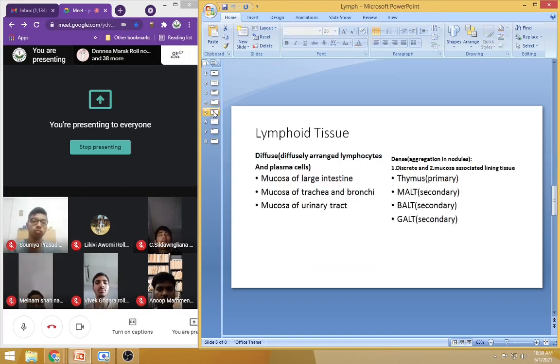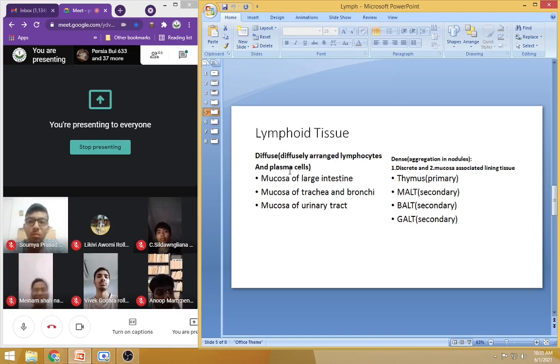In some autoimmune diseases, or when there is an overwhelming infection, the lymph glands or the thymus are destroyed or surgically removed, especially when children have tonsillitis and difficulty in breathing. If you have had a tonsillectomy, how many of you have? I am sure some of you have, right? So all this has implications on your immune system. So lymphoid tissues are of two types, diffuse and dense.